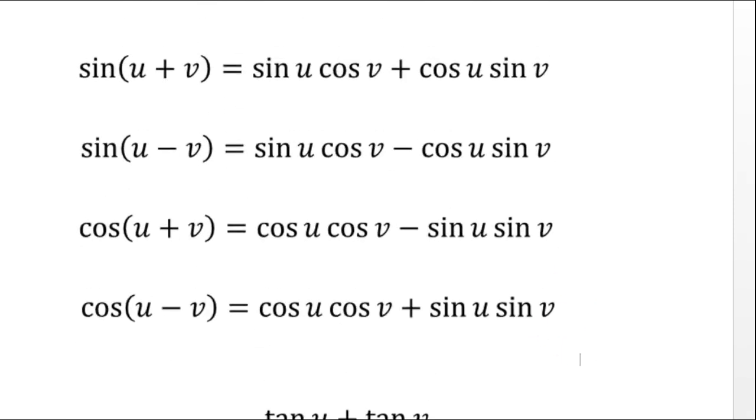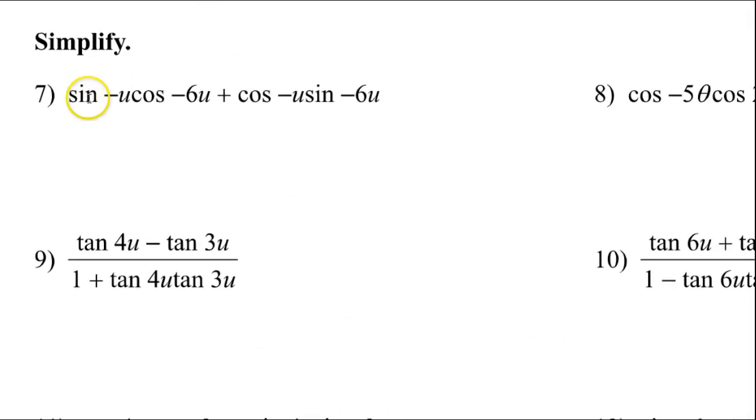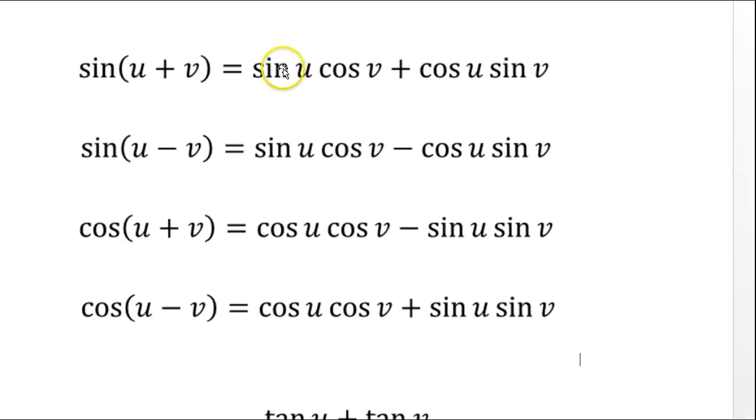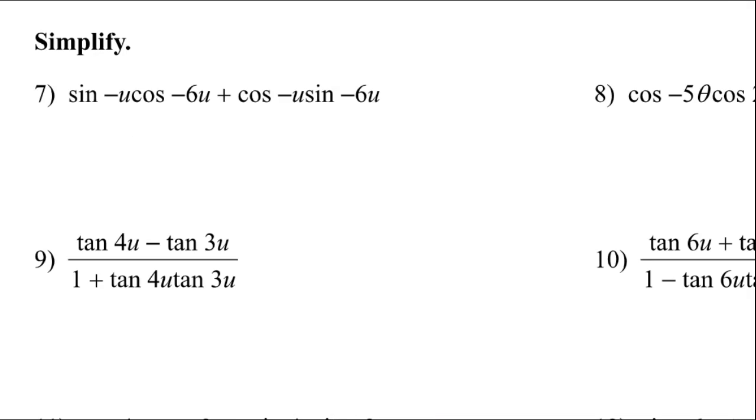So notice that we have sine, cosine, cosine, sine happening. Looking at the list of trig identities, sine, cosine, cosine, sine, that's the pattern that you see when you're talking about the sine of a sum or a difference. Looking back again, notice that we have a big old plus sign right in the middle.